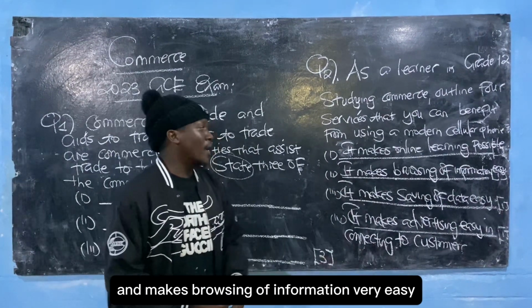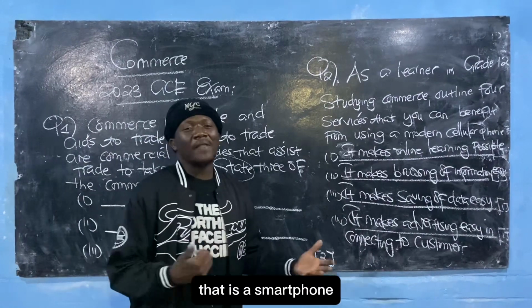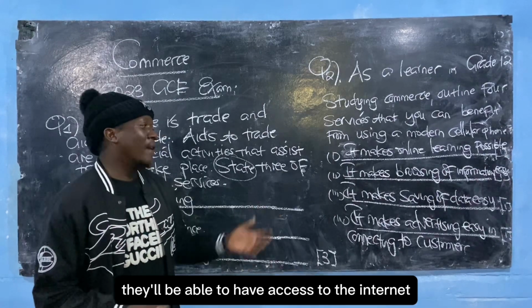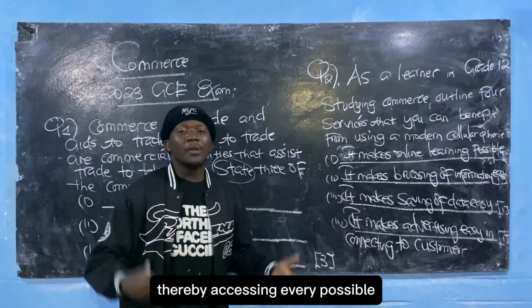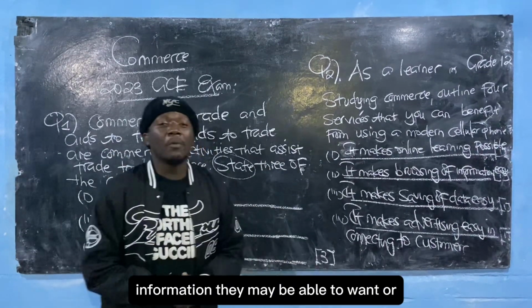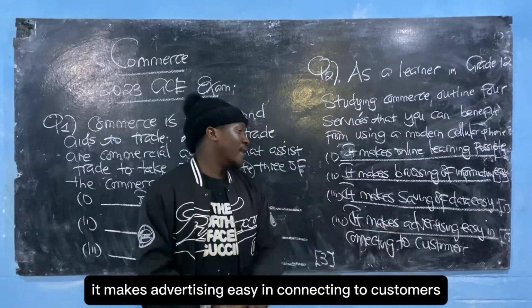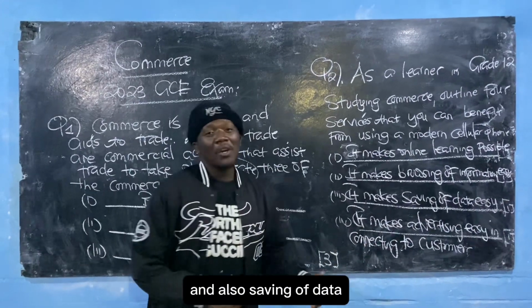And it makes browsing of information very easy. As long as someone has a smartphone, a cellular mobile phone, they'll have access to the internet, thereby accessing every possible information they may want or come across. It makes advertising easy in connecting to customers, and also saving of data.